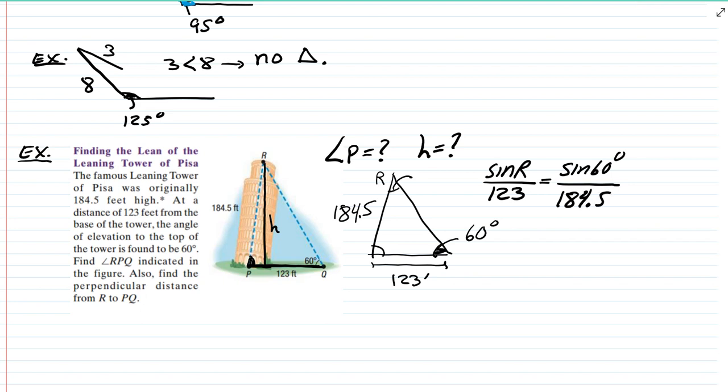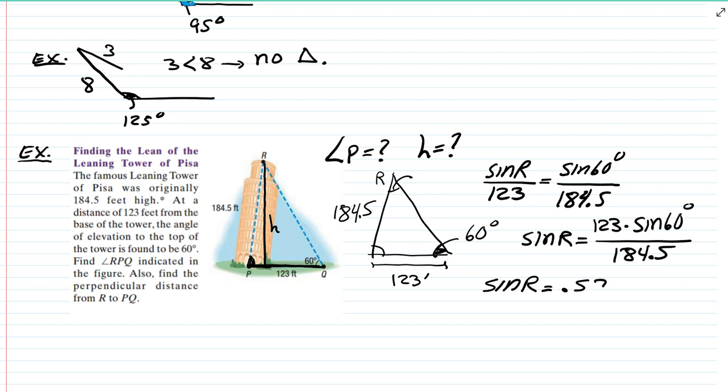So from this, we get sine of R is equal to 123 times sine 60 divided by 184.5. And sine of R ends up being 0.577. Then if you do inverse sine, R would be inverse sine of 0.577, and that's going to be 35.26 degrees.